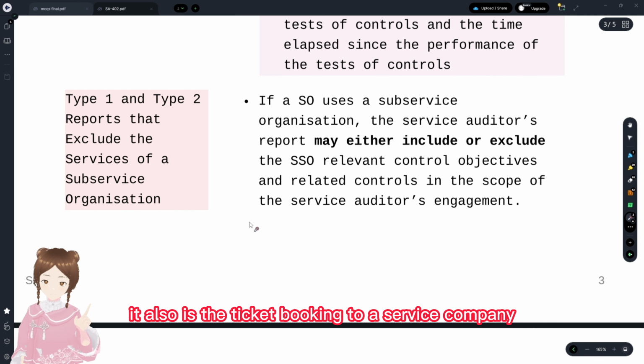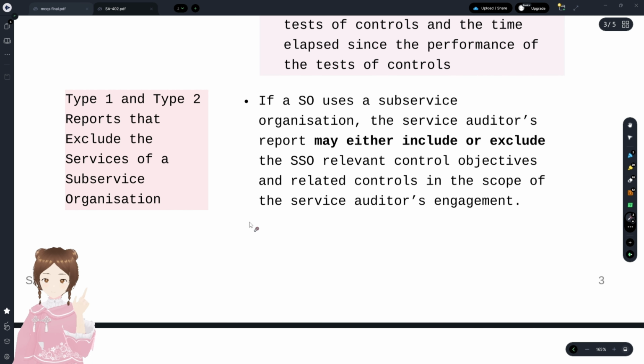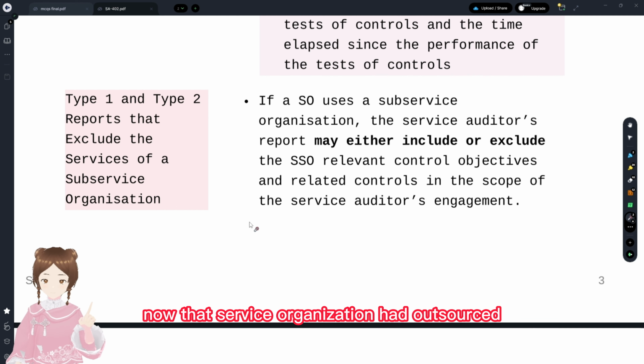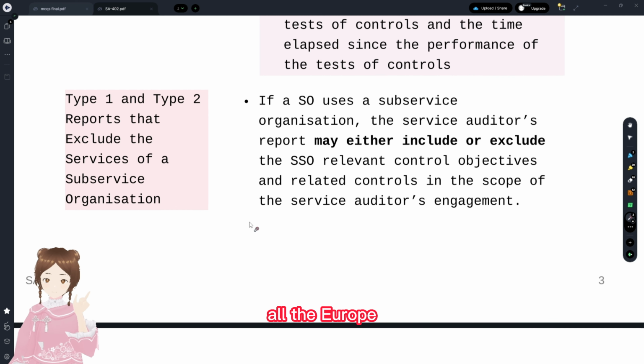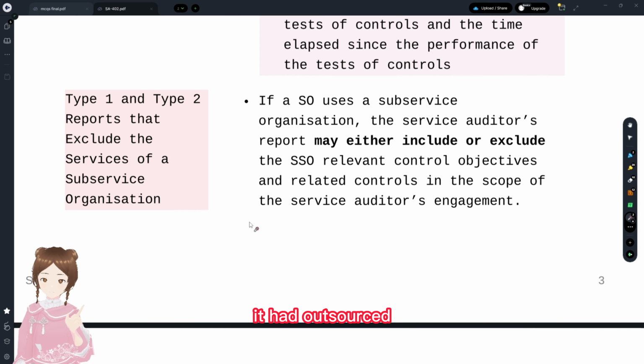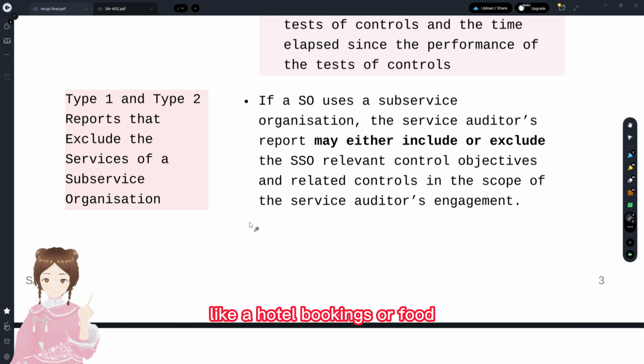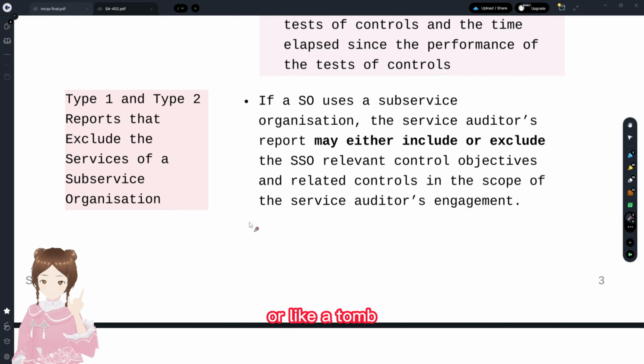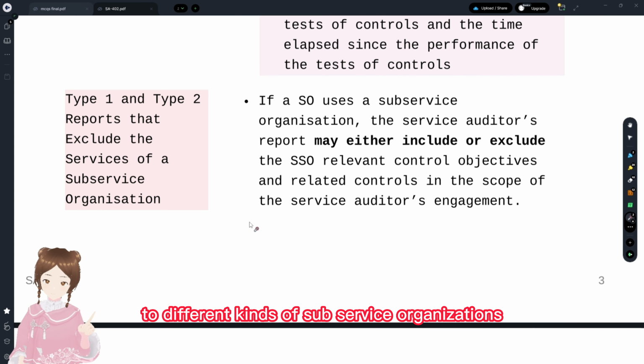It outsourced the ticket booking to a service company. Now that service organization has outsourced the Europe traveling tickets to another sub-service organization, or it has outsourced hotel bookings or food, or train tickets, etc., to different kinds of sub-service organizations.